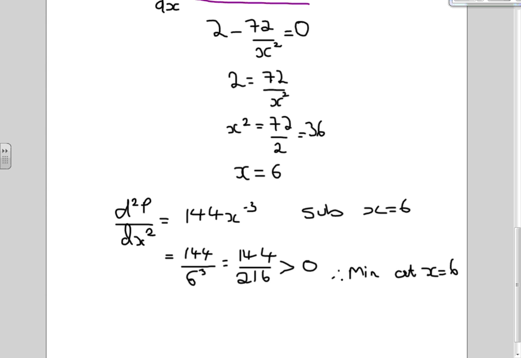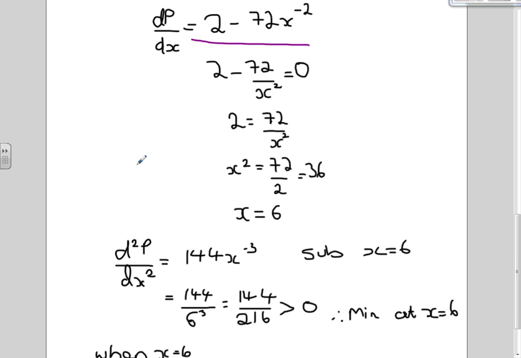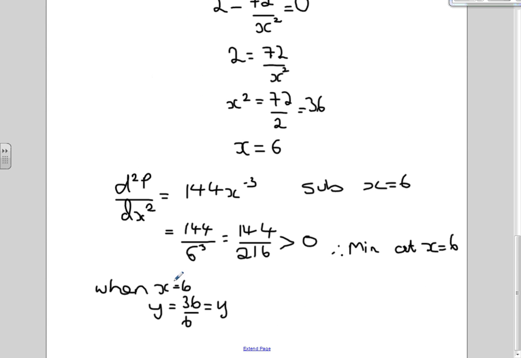So we need to find out what y is equal to when x equals 6. So remembering that y equals 36 over x from up here, we can see that when x equals 6, y equals 36 over 6, which gives us a y equal to 6.